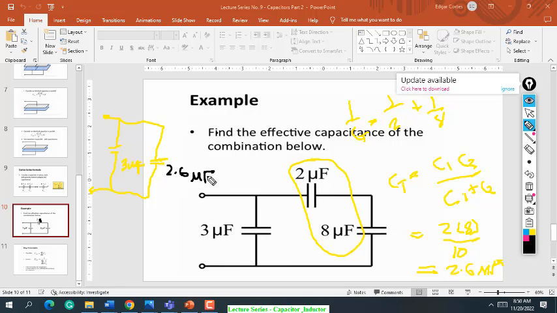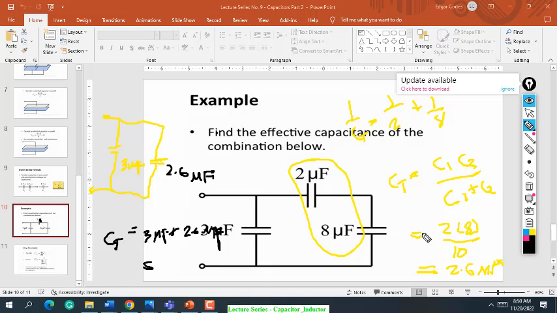So for the parallel, just add the two capacitors. C total in the circuit, class, is equal to 3 microfarad plus 2.6 microfarad. So what is the answer? 3 plus 2.6.